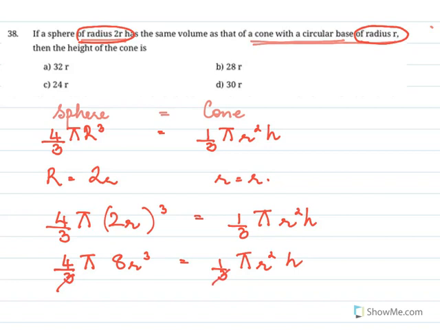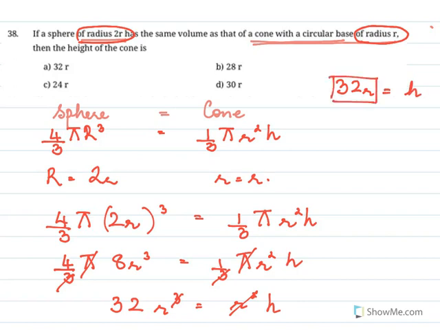So let's cancel 1 by 3 pi, and here you'll have 4. So 32 r cube equal to r square h. This and this will cancel. So you have 32 r equal to h. So the height of the cone is 32 r.